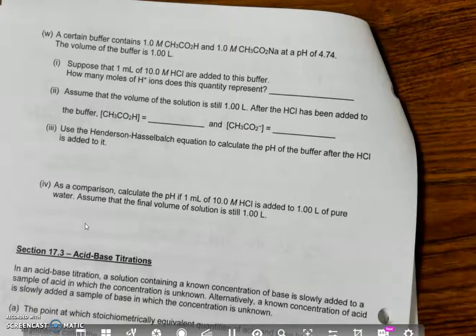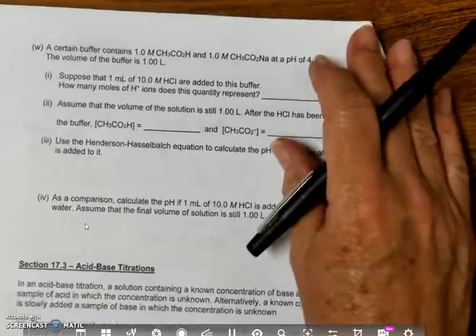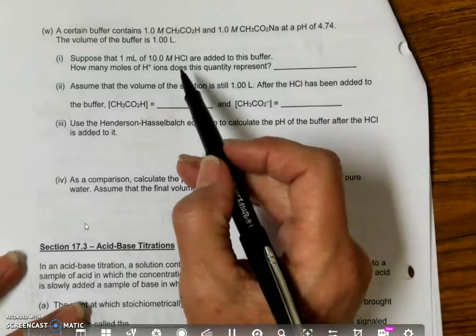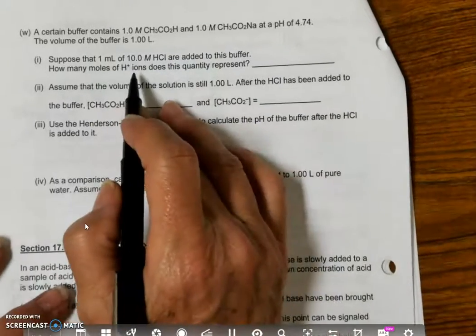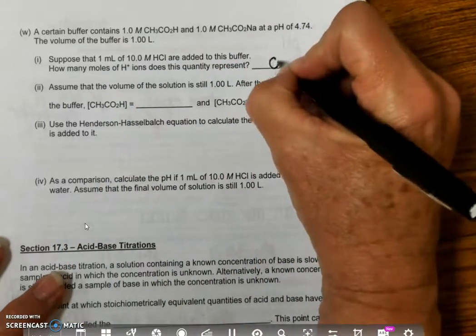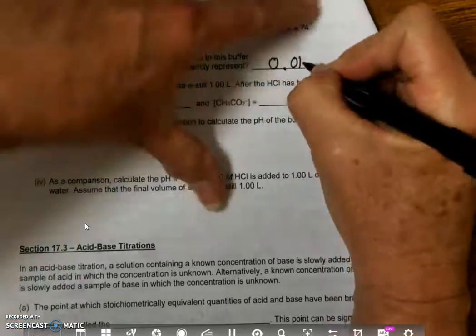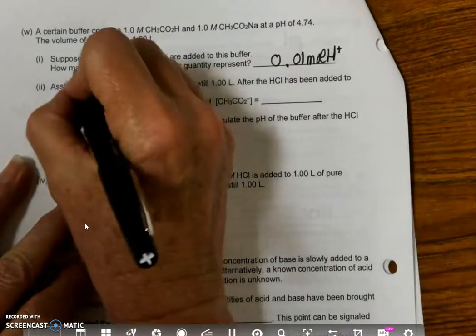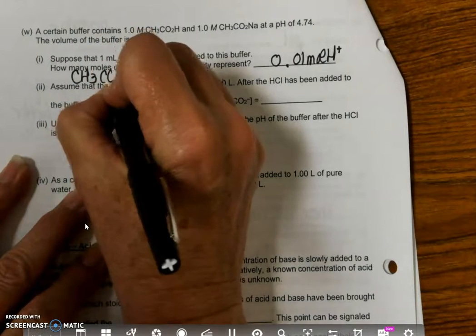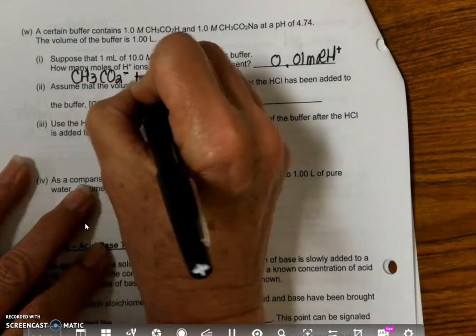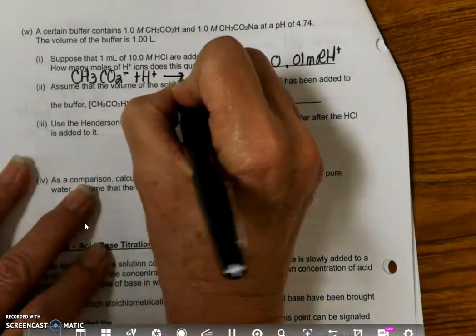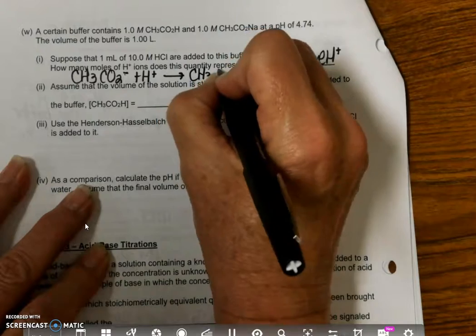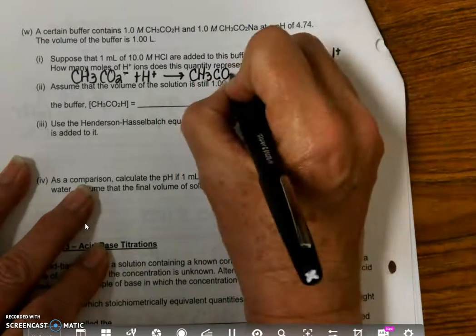Okay. Let's try another one. Let's add acid. Let's go the opposite direction. This time we're going to add 0.01 mole of H+. So my reaction this time is that H+ is going to react with acetate and make acetic acid.